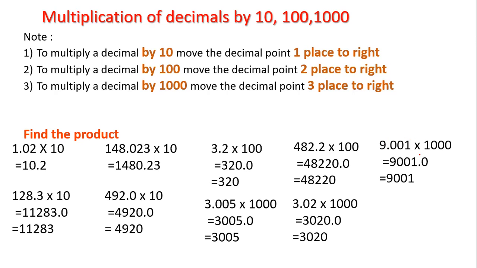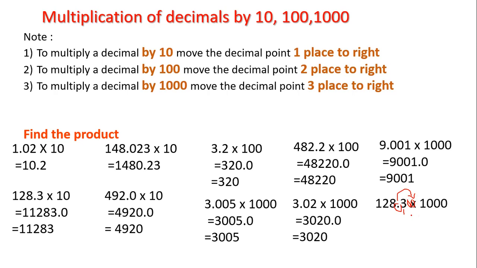Let's take the last problem on this. Find the product of 128.3 into 1000. We have to move this decimal point 3 places right side. There is only one digit. So when there are no digits, we have to use 0, since this decimal point will come after 2 zeros.